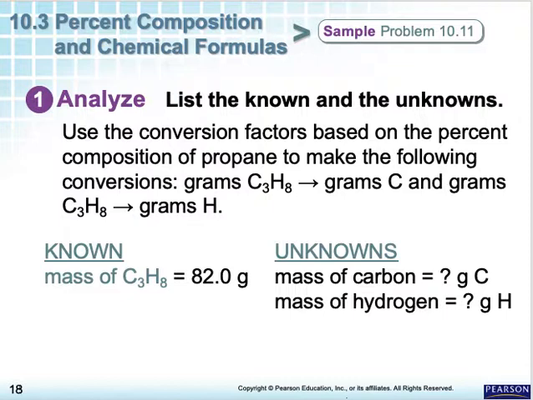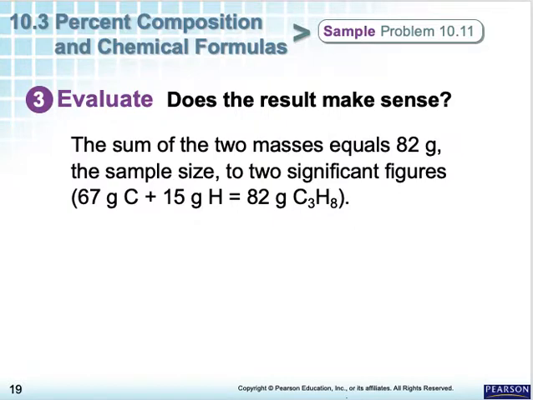So we're going to go from grams of the compound into grams of carbon. We're going to go from grams of propane into grams of hydrogen. So be sure that you're labeling these and keeping track of all the little pieces. So the sum of the two masses has to equal 82 grams.